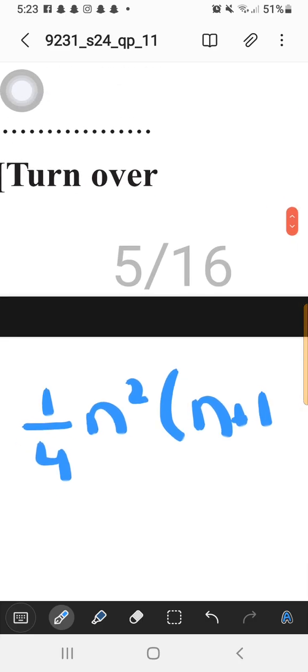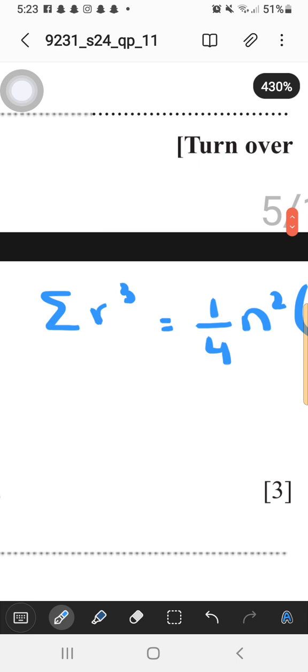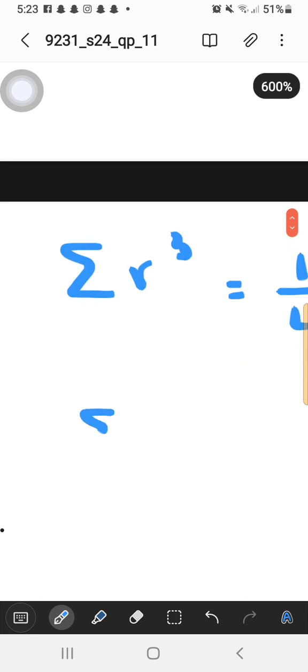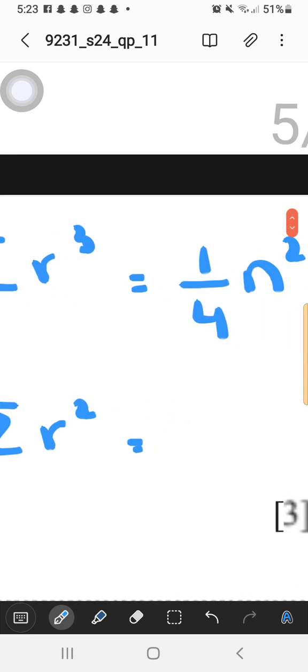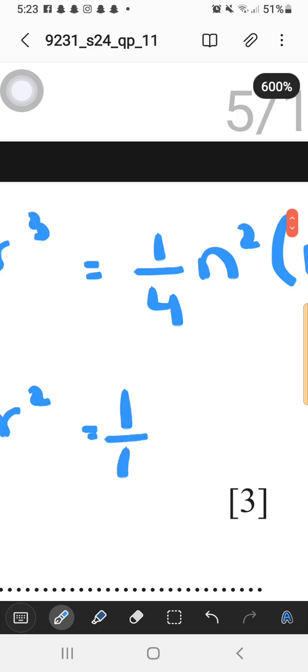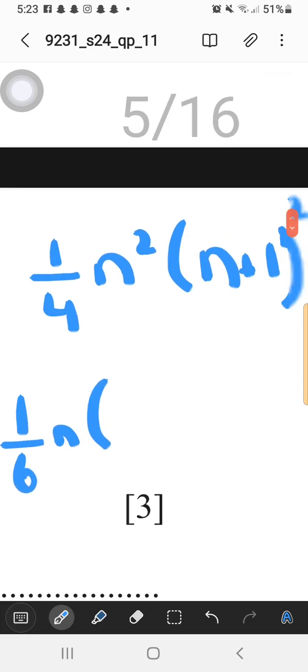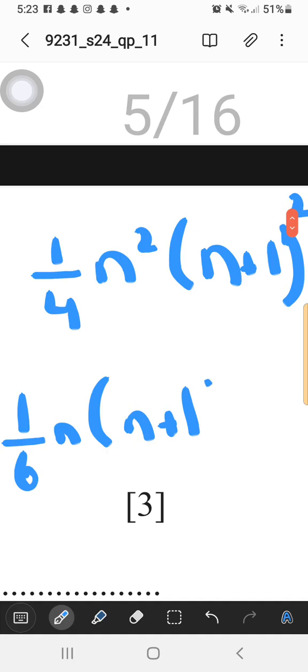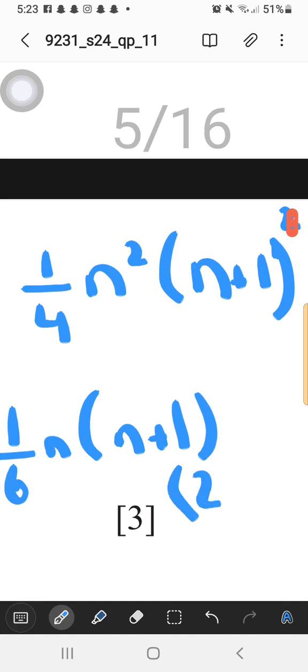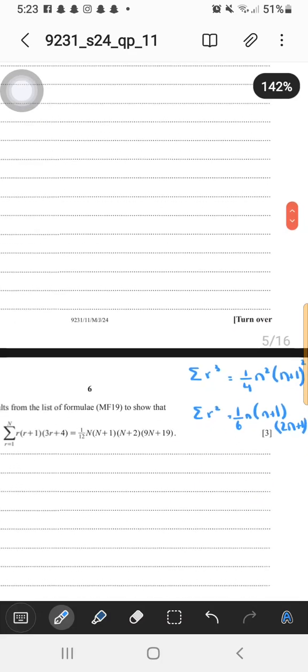Then the second formula is the summation of r square is equal to 1/6 n(n + 1)(2n + 1). So these two formulas are from MF19.